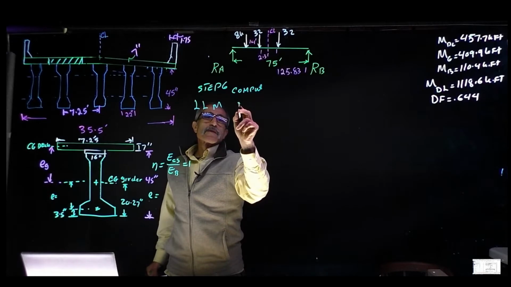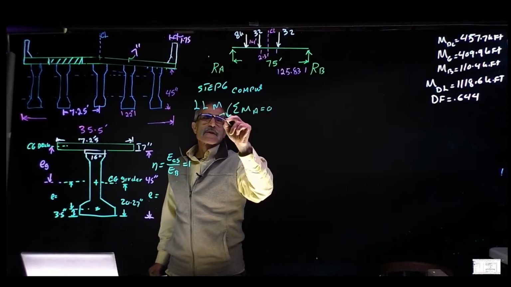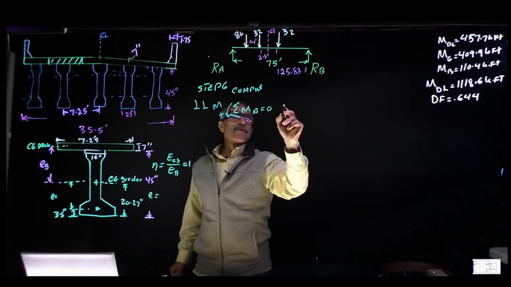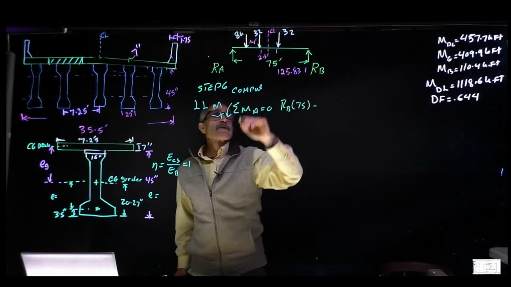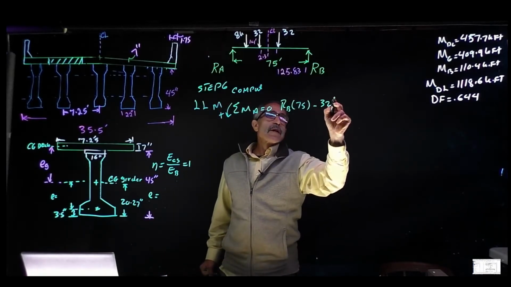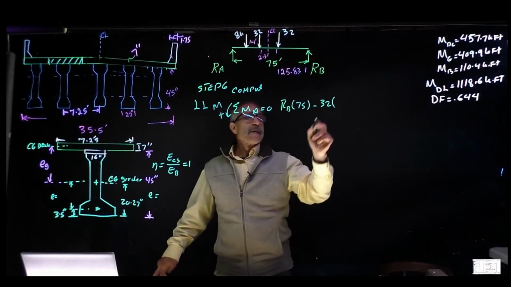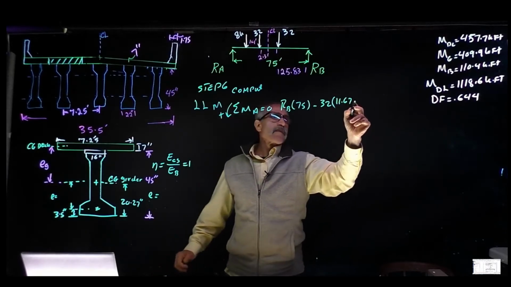So the summation of moments about point A is equal to 0. Counterclockwise is positive, and I'm going to start from here. RB first is going to go times 75. Then minus the first one, which is going to be a 32 times that distance, which you can easily figure out. It's basically 11.67 plus 75 divided by 2.